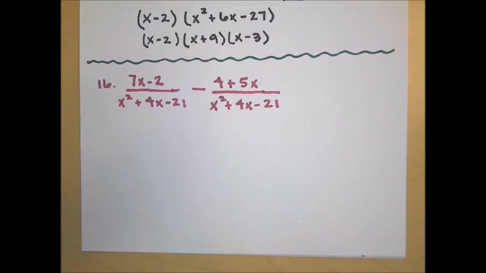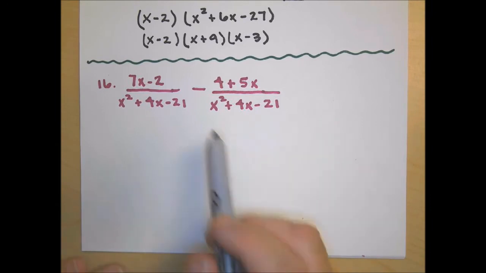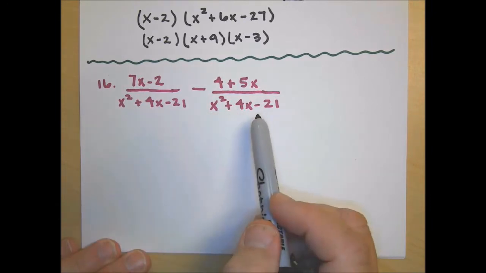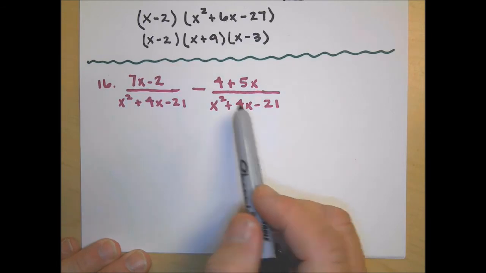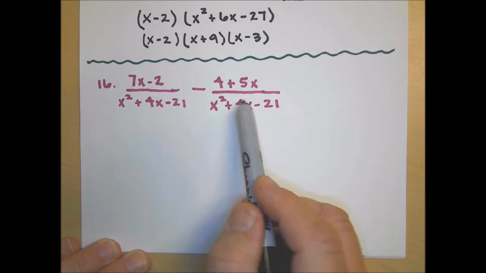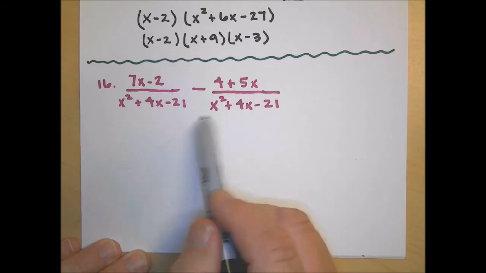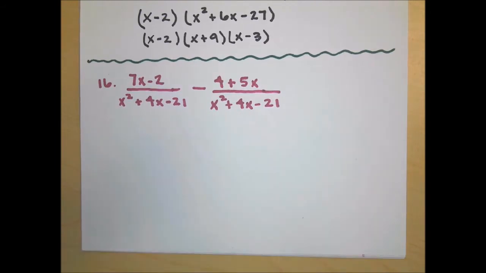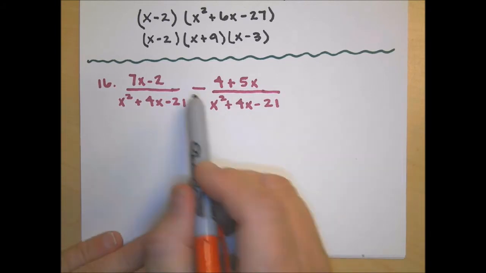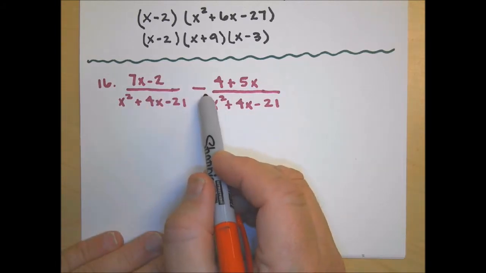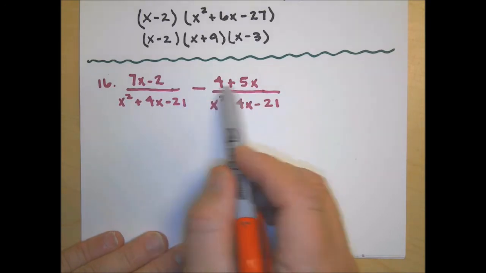Moving on to problem 16. I have a rational expressions problem, ugly fractions. I'm subtracting 2 ugly fractions, so I need common denominators, but you can see right off the bat I have common denominators already. So the hardest part of the problem has already been fixed. Now notice it is a subtraction problem, so I'm going to distribute that subtraction sign right off the bat so I don't get caught.